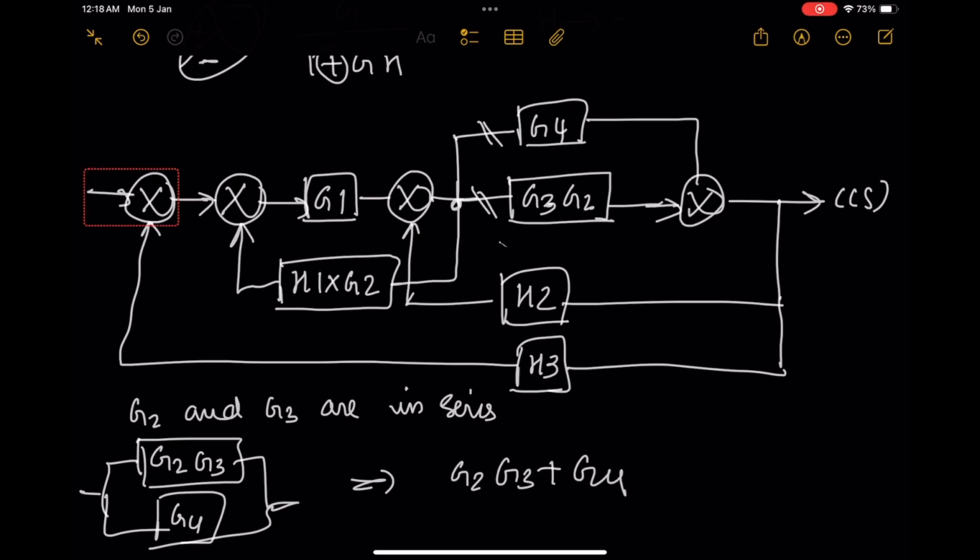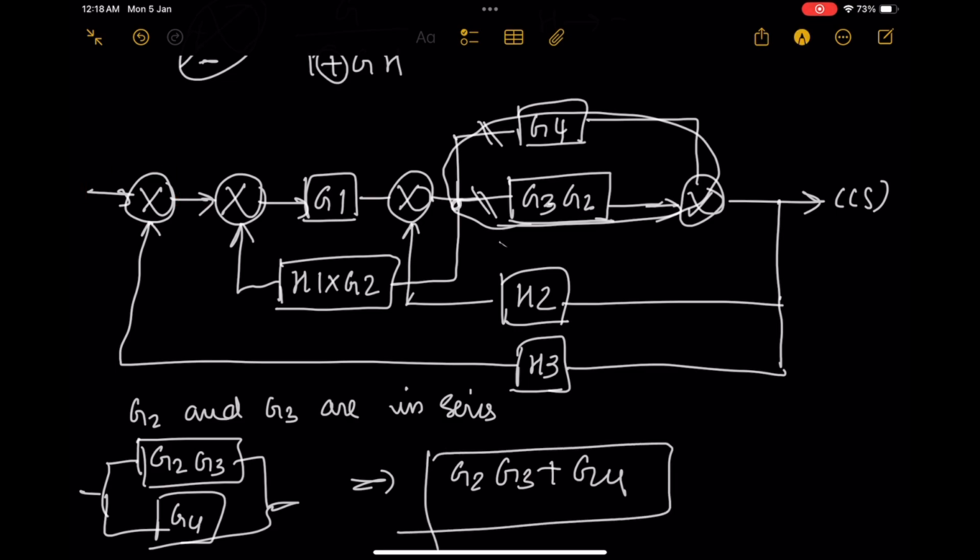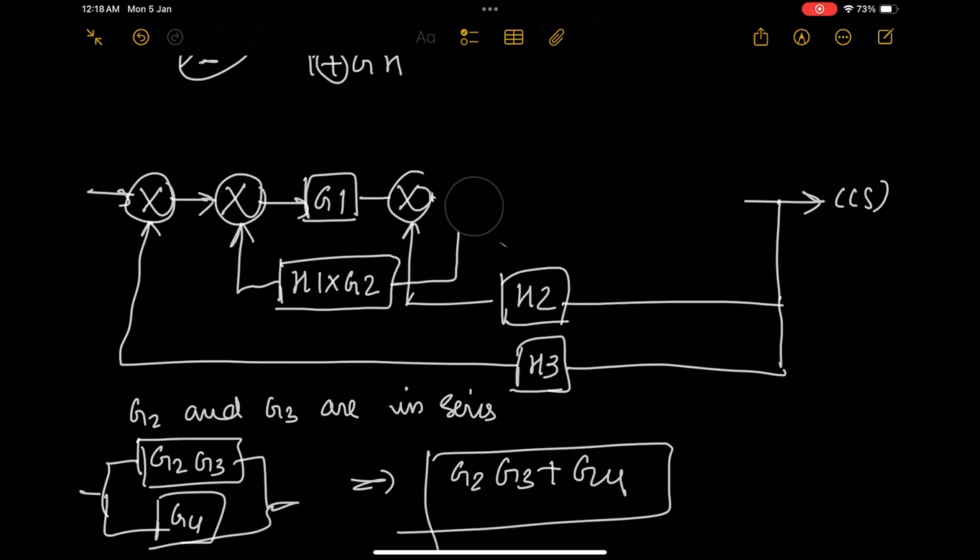So I can replace this entire block with a single block, that is G2, G3 plus G4. So I'm going to remove all the loops and write G2, G3 plus G4 as a single block.